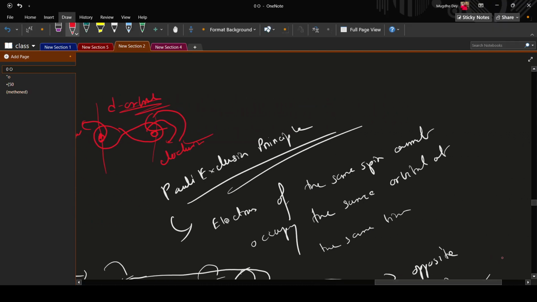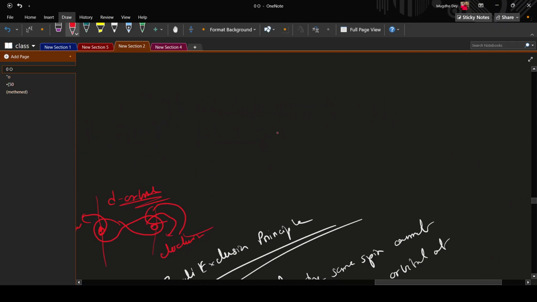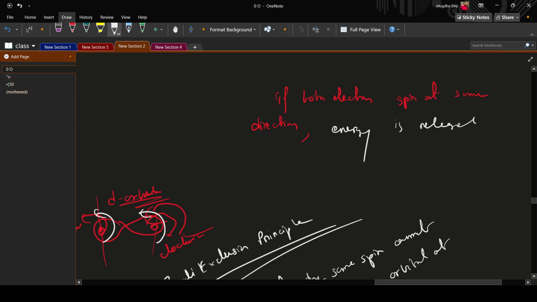Now there is a fun thing here that I wanted to let you know. If both electrons spin in the same direction, energy is released. The reason is pretty simple: the charges add up.